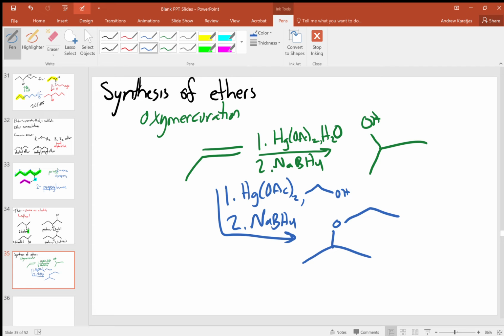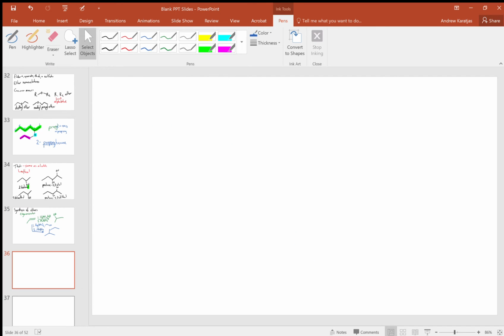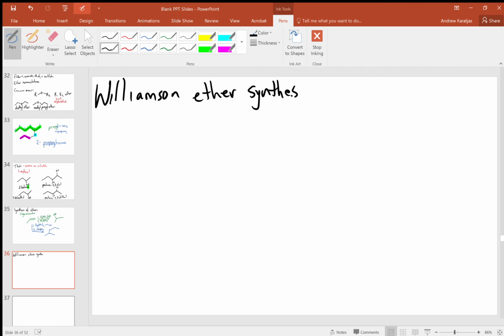But probably the most common method for making ethers is one of the oldest known reactions we have, known as the Williamson ether synthesis. And the Williamson ether synthesis dates all the way back to 1852.